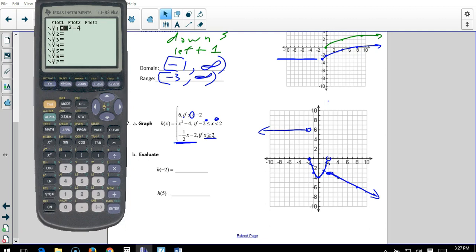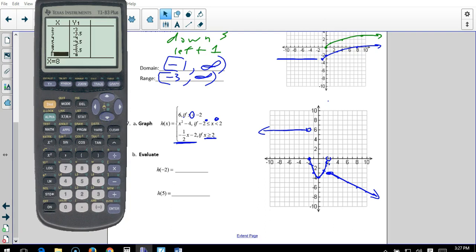And last but not least, negative 1/2. I can put negative 0.5 or negative 1 divided by 2, either way, x minus 2. And graph. And there's the line we have, but remember, I only want numbers greater than or equal to 2. So I'm going to move this down until I get rid of all those numbers less than 2. 0's gone, 1's gone.